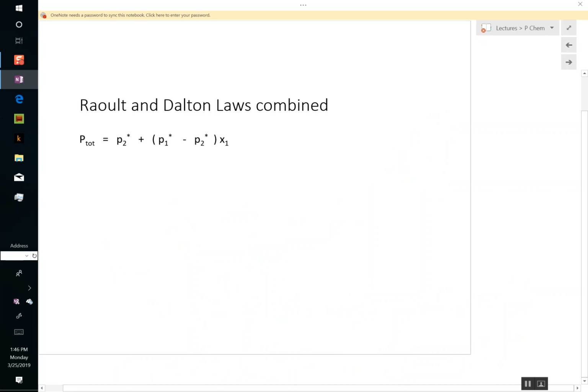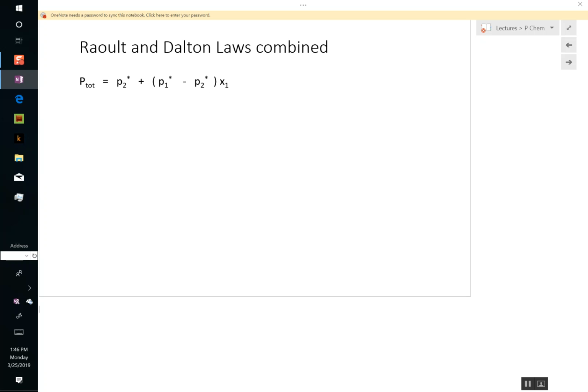Okay, here is the next equation. This is taking Raoult's and Dalton's law together. And let's just see how we get there. This is where we're going to get to.